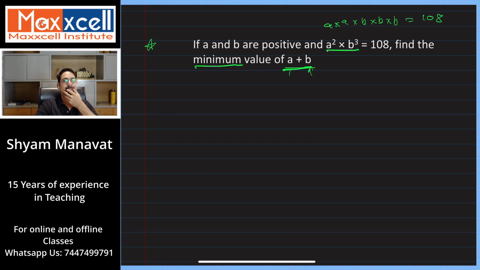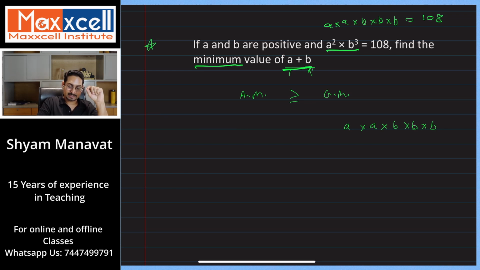How will this work? We have to use our brain here, because if I compare arithmetic mean being more than or equal to geometric mean, and if I want to take under the geometric mean this a square into b cube, which has 5 values, here there aren't 5 values. Then what to do?